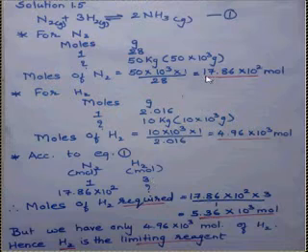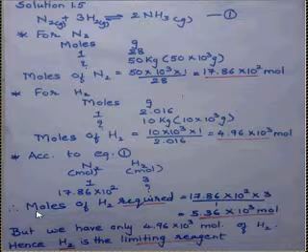So when we have 17.86 into 10 raised to 2 moles of N2, we have to find how many moles of H2 are required. So moles of H2 required is equal to, you can cross multiply, 17.86 into 10 raised to 2 into 3 divided by 1. So 17.86 into 10 raised to 2 into 3 gives you 5.36 into 10 raised to 3 mole.